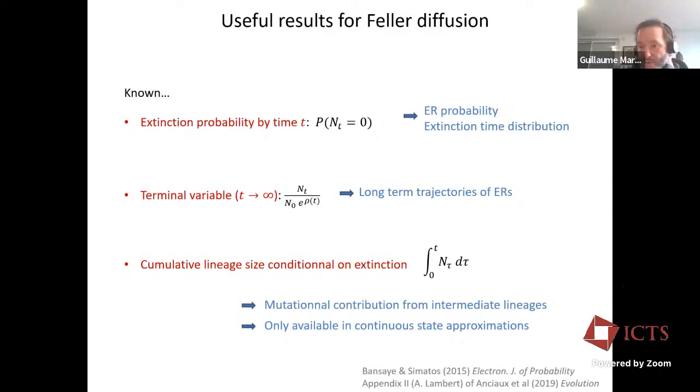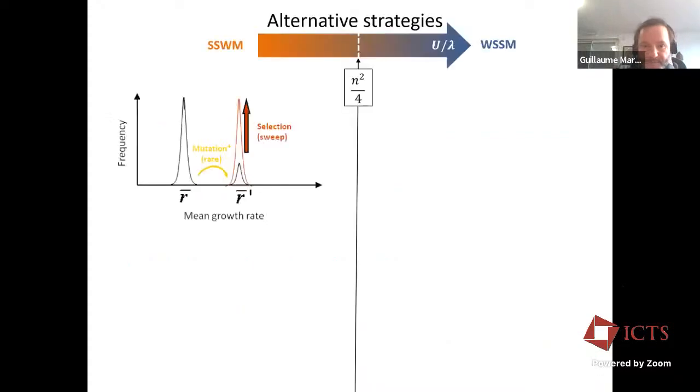Okay, so we have these different tools. All that remains now is to plug the FGM results into those probabilities and to have access to the evolutionary rescue probability. There are two ways to deal with this. The first way is in the SSWM regime, strong selection, weak mutation. The genetics is simple because we assume that every rescue will be due to one mutant that will become established and invade.